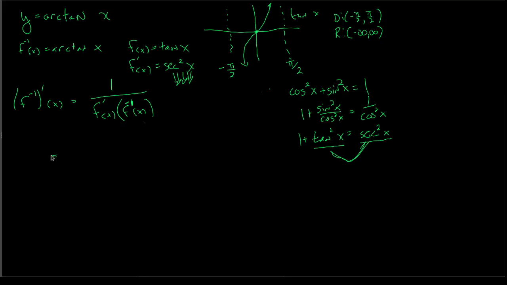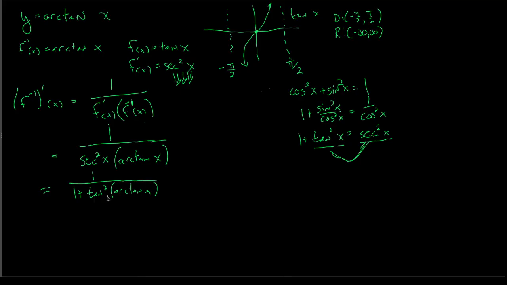And so in our case, it's going to be 1 over secant squared x evaluated at arctan of x. And we're now going to use this relationship to get 1 over 1 plus tangent squared of arctangent of x.